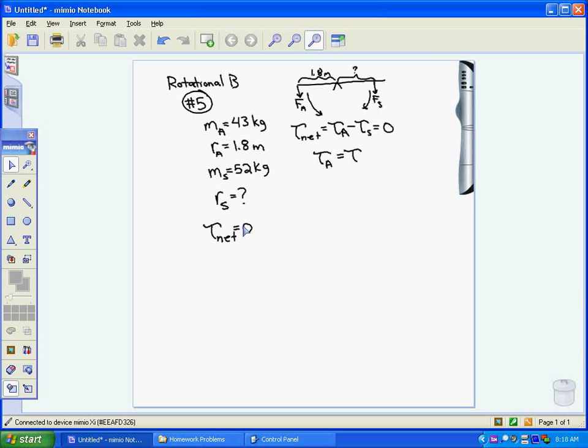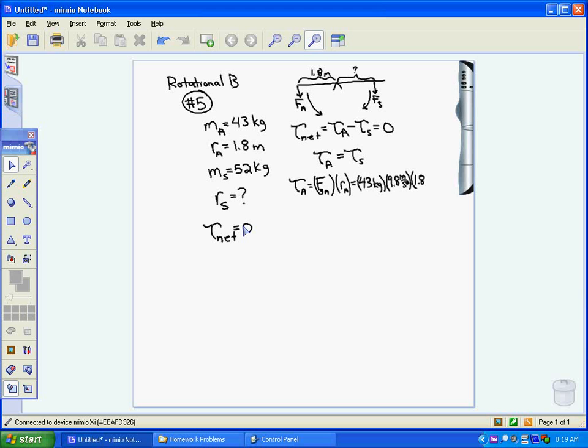And the torque of Ashok is going to be equal to the force times the radius: the force of gravity on Ashok times the radius of Ashok, which is just 43 kilograms times 9.8 meters per second squared, changing it into a force, times the radius, which is 1.8 meters.